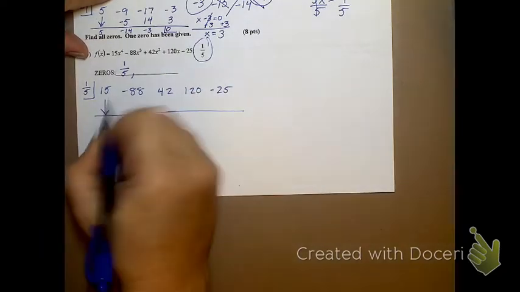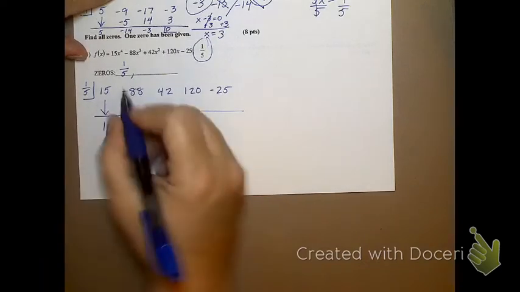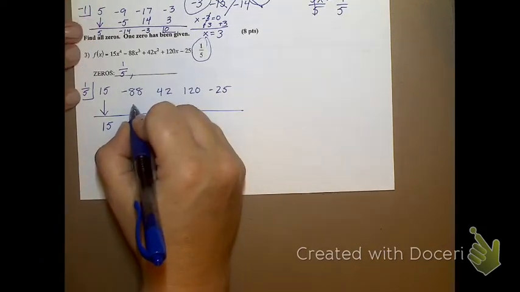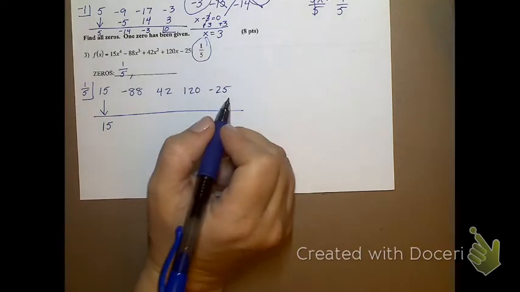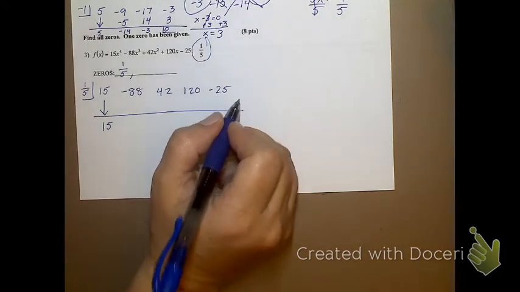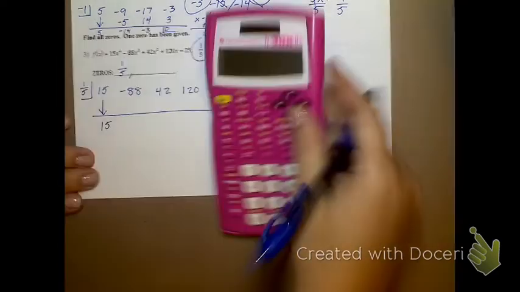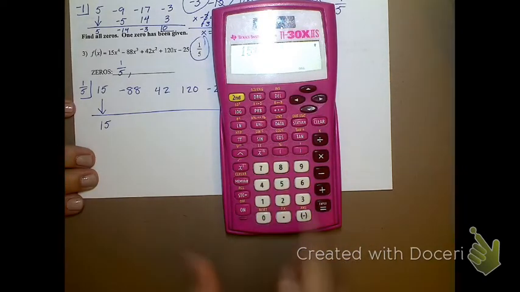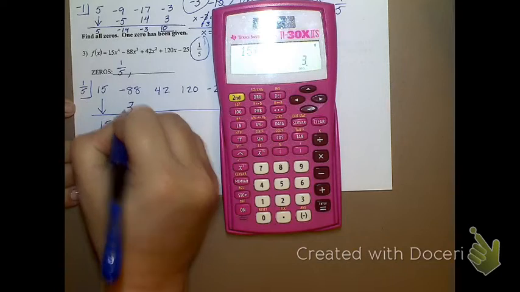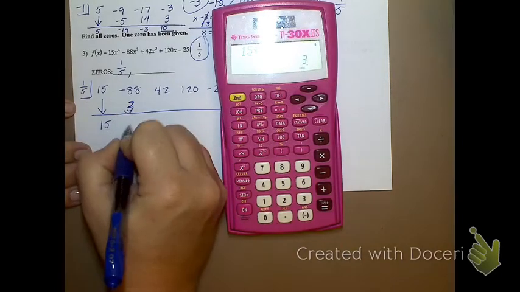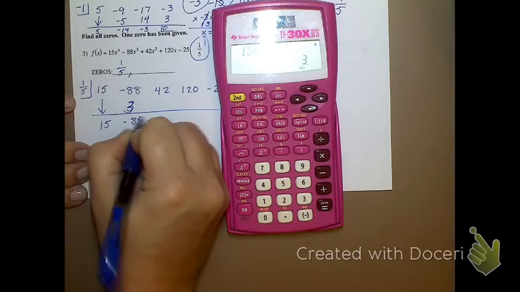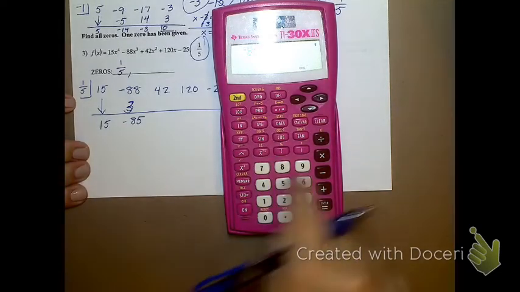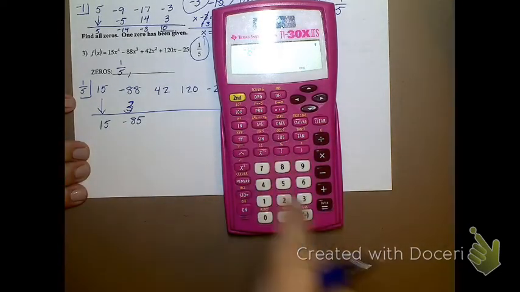Let's bring this guy down. 15. What's 15 times 1/5? Do we need to use the calculator? 15 times 1 fraction button 5. 3. Negative 88 and 3 is negative 85. So now negative 85 times 1 fraction button 5.